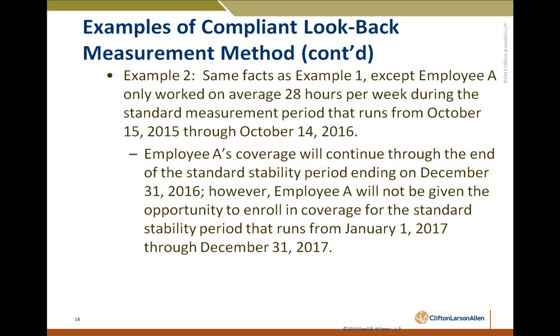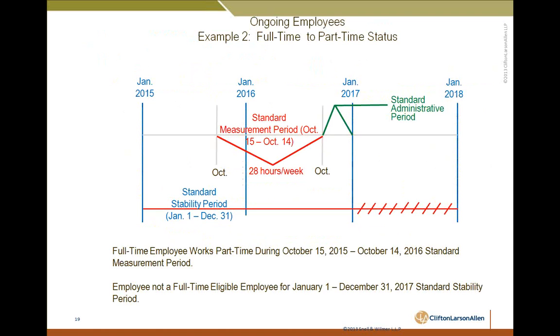However, he would not be given an opportunity to enroll in coverage for the next stability period, which began in 2017, because he worked the average of 28 hours in the period through October of '16, so he would not be eligible for coverage in the next stability period. So this just shows that the hours are dropping with 28 in that period, so come the next year, they would not be eligible for that.